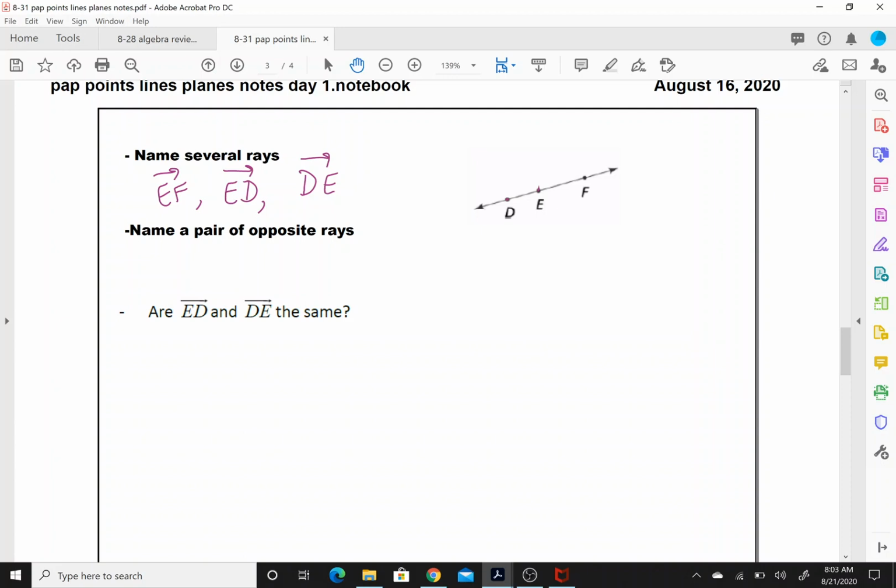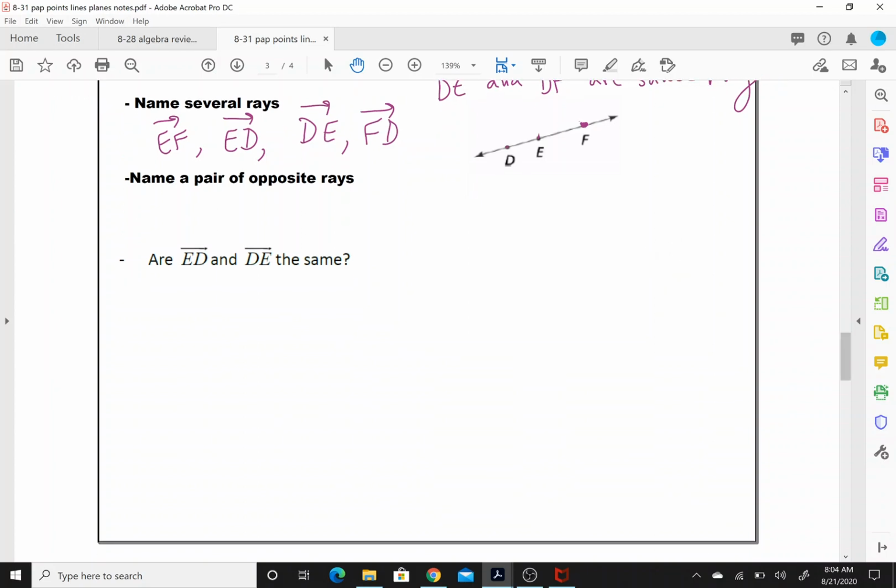So ray DE and ray DF, those would be the same ray. They're not different. Another ray, I could go the other way. I could start at F and go towards E. So I could call that ray FE, or I could call that ray FD. Doesn't matter, because it's the same one. So I'm going to go with ray FD. Okay, so those are some of the rays in that figure.